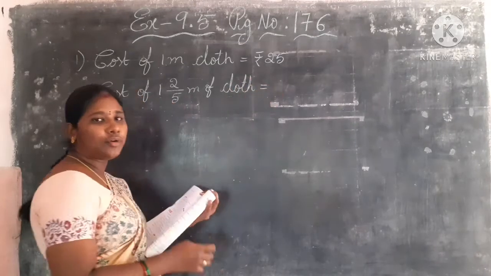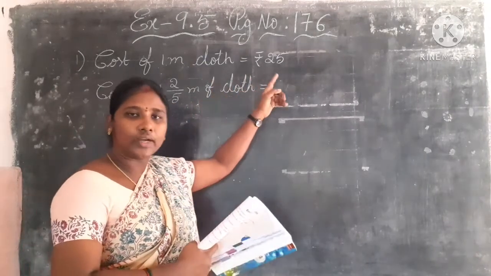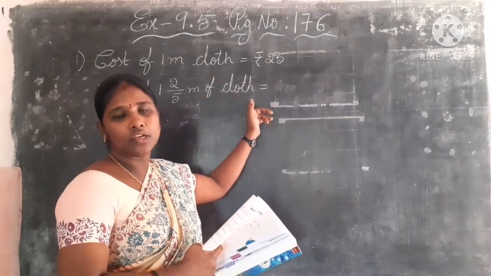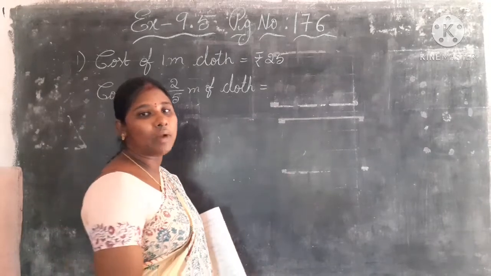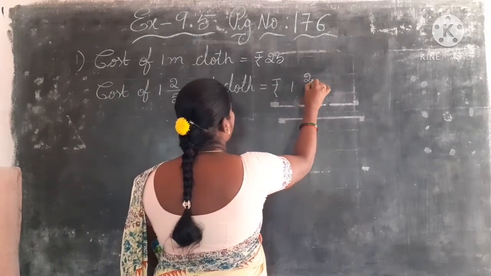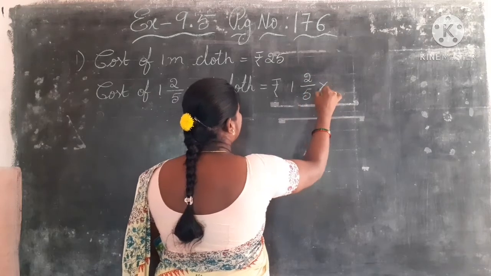So here what we have to do: 1 meter cloth cost is 25 rupees, and we have to find the cost of 1 2/5 meters of cloth. So we have to do the multiplication. Rupees 1 2/5 into 25.